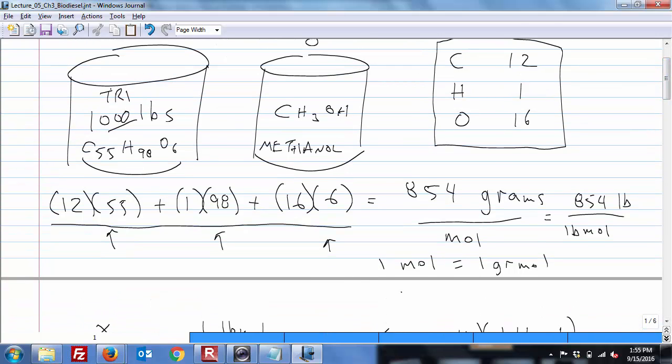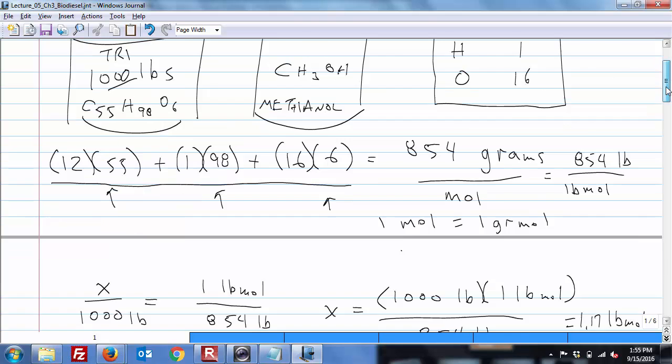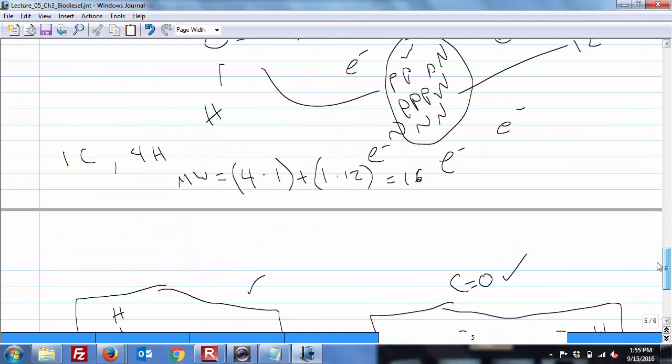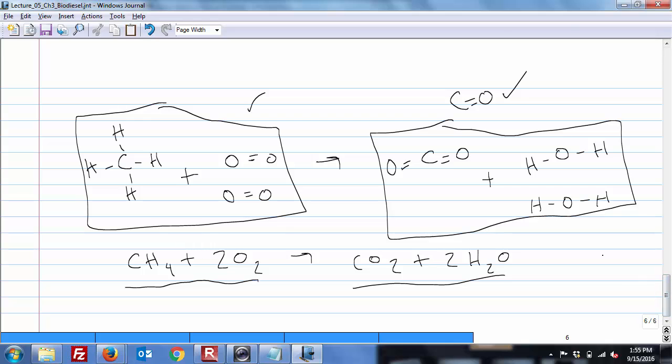Once you know that, you can convert between pounds and moles. You do this little molecular dating game, and away you go. You could tell me how many pounds or how many grams a mole of water weighed.